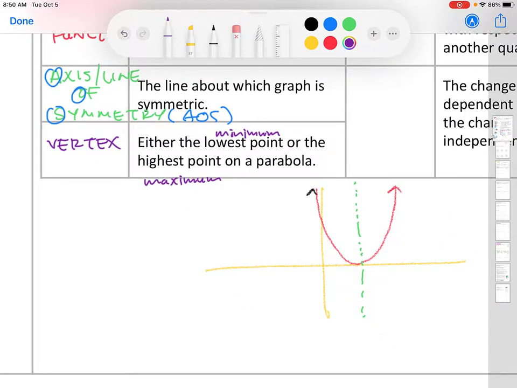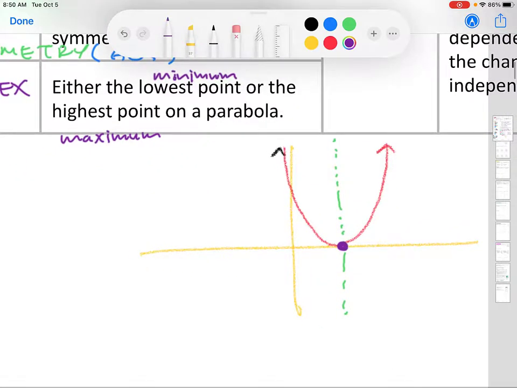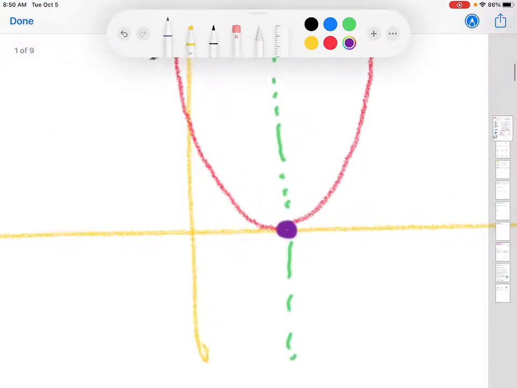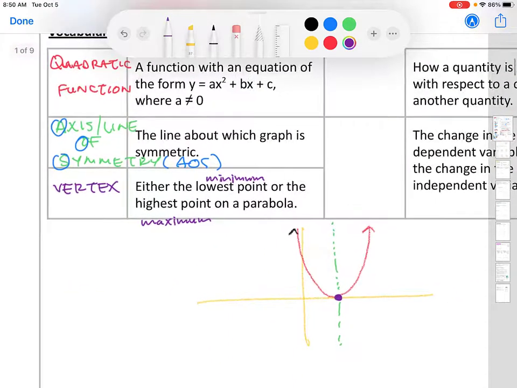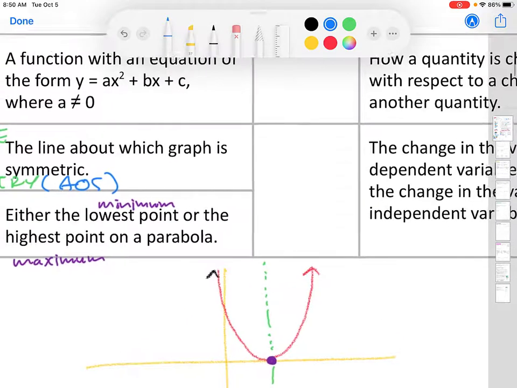Let me go ahead and locate the vertex on ours. Now pay attention. Let's say this is a skateboard ramp. The vertex is the minimum in our graph because it's pointing up. But I also want you to notice that the axis or line of symmetry goes through the vertex, so they actually have the same x value.